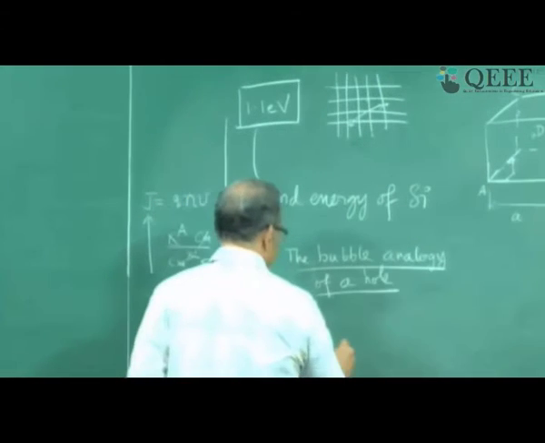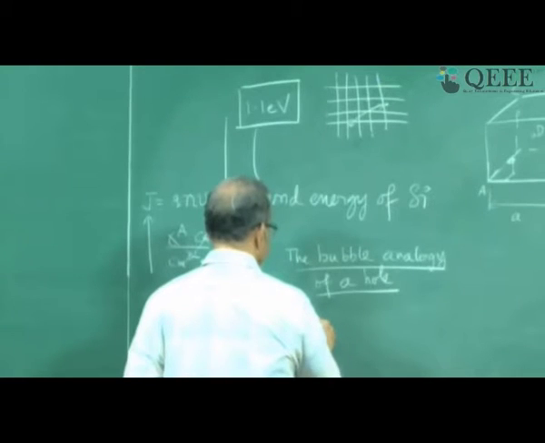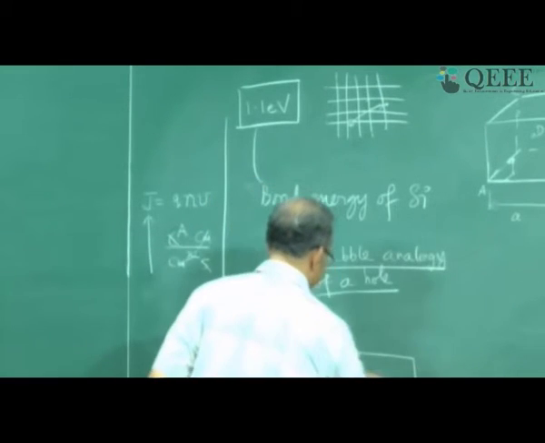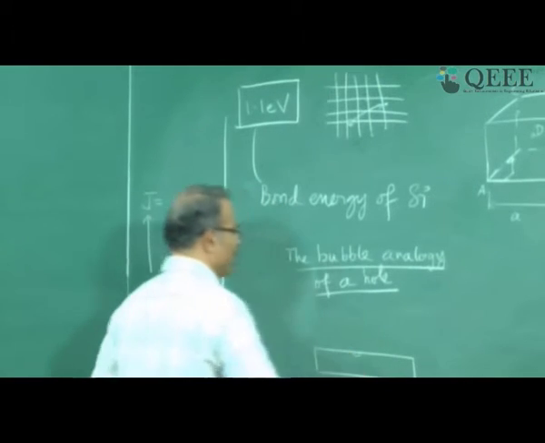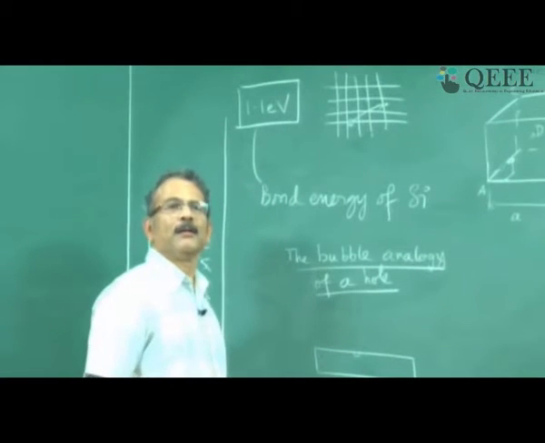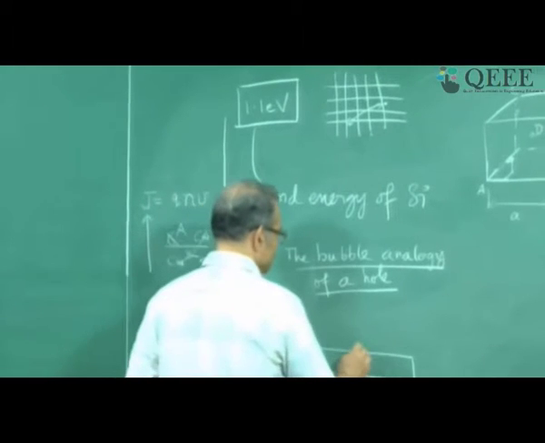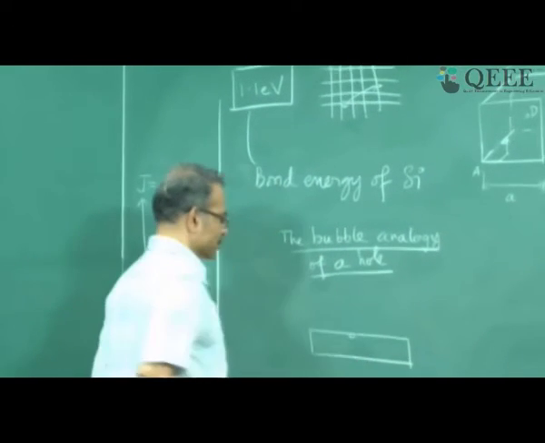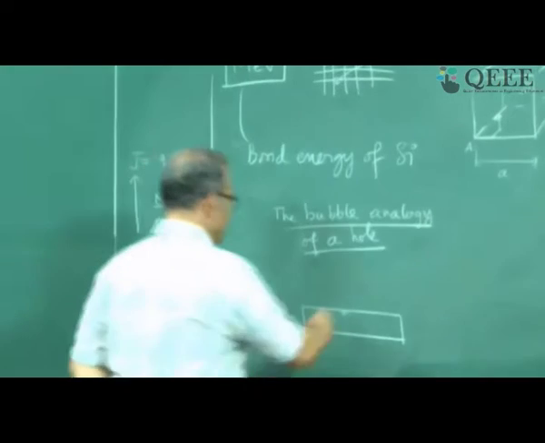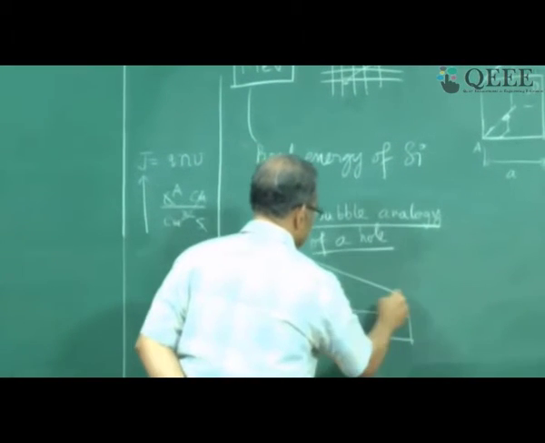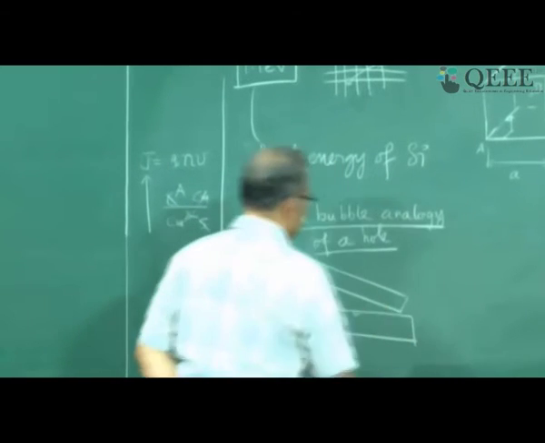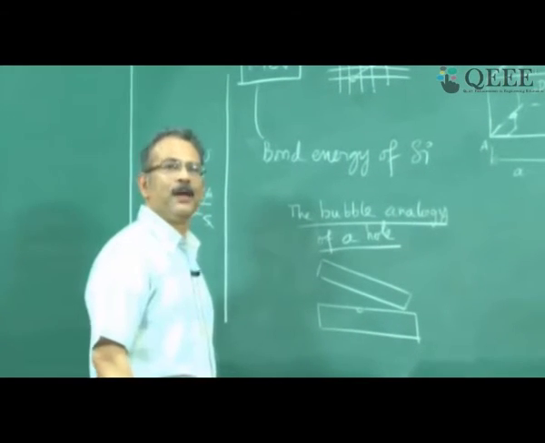So you see, if I take a tube and I fill it up with liquid except for a small space, that is a bubble. Now if I tilt this tube like this, what will happen?